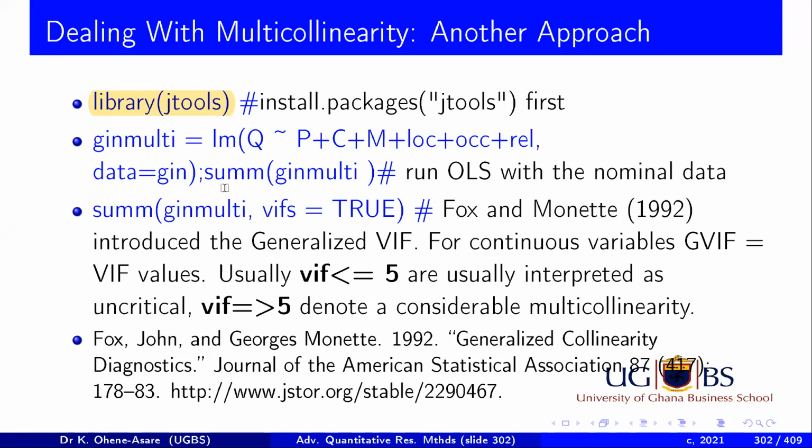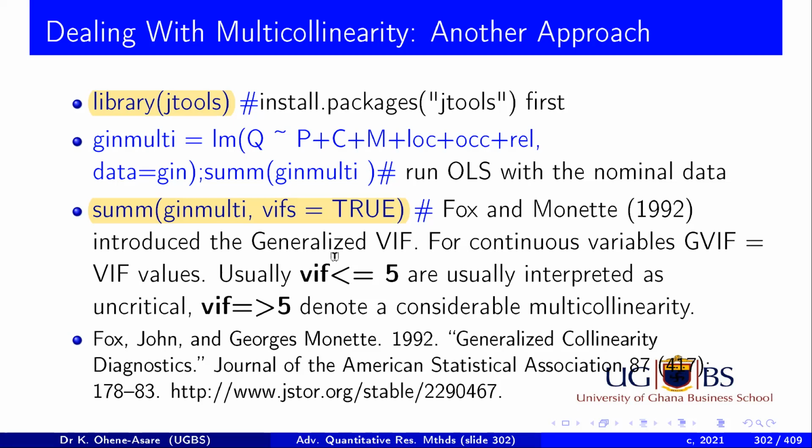So you can use that jtools data and then use sum gmulti VIF true, to tell you which ones are exhibited. This is Fox and Monette, who introduced the generalized VIF. So this is a generalized VIF. For numerical data sets, this GVIF is equal to the normal GVIF. Usually when it is less than 5, it means that the thing is not that critical. But when it is 5 or more, it is considered as critical.